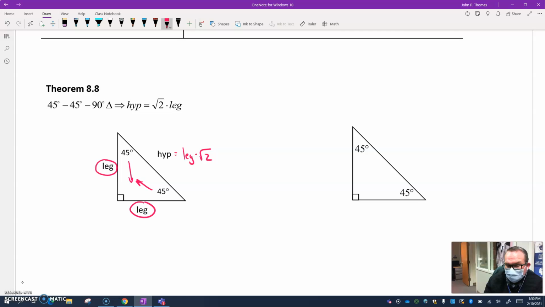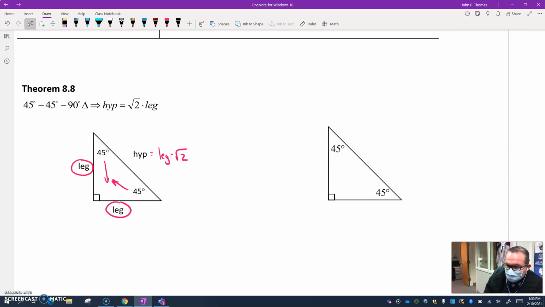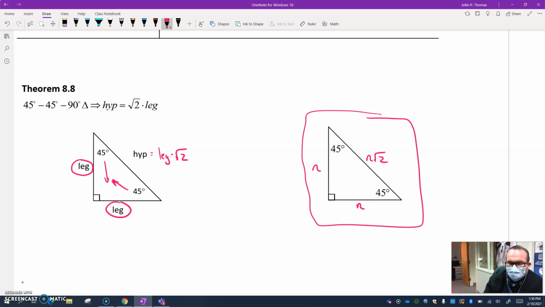In a general sense, I remember it by putting some variables: n, n, and n root 2. We're going to use this picture a whole lot when we're dealing with a 45, 45, 90 triangle, because the first thing we're typically going to do is drop those labels, the n and the n root 2, on our picture.